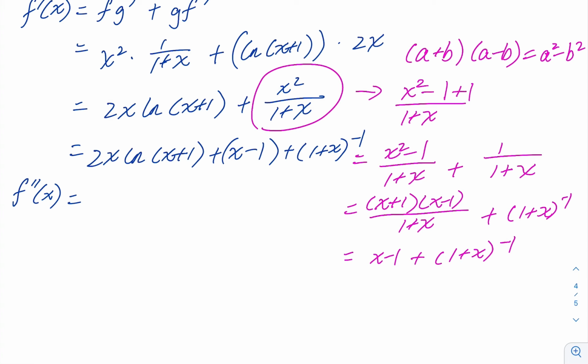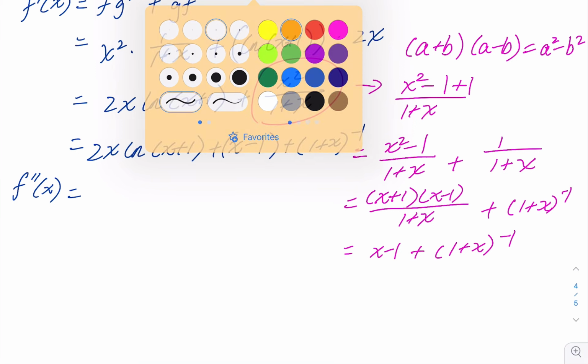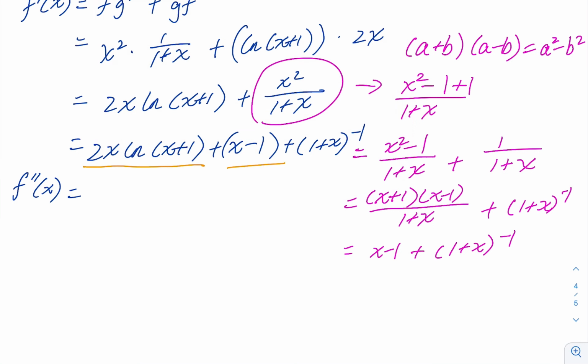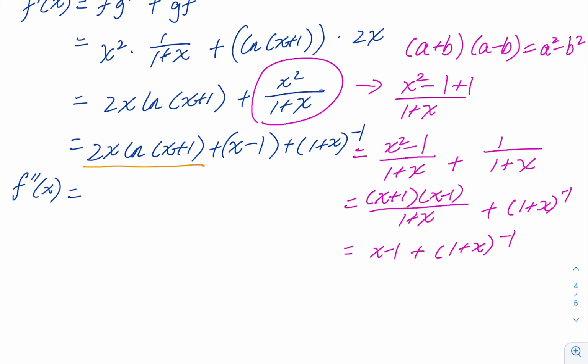Same thing. Product rule for the first, no, sorry, just the first one, not the second one. So this will be 2x times x plus 1, and plus 2 ln(x plus 1).